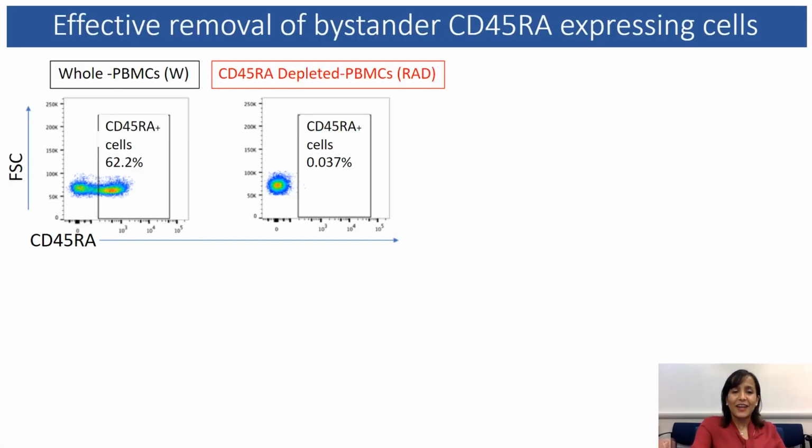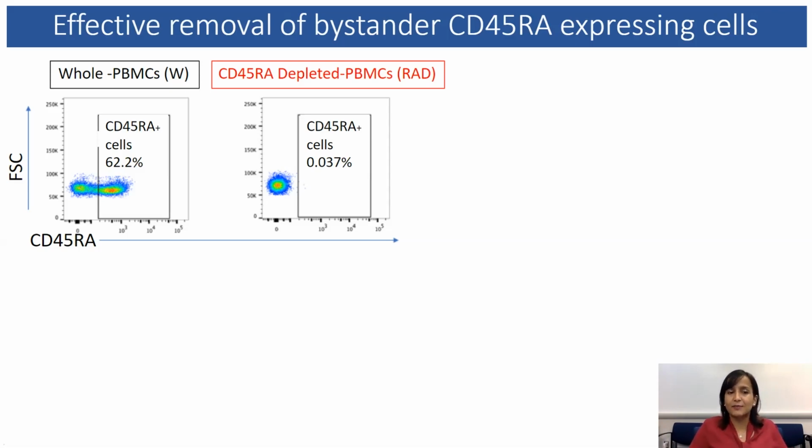So now that we know the system and we started doing this, first we wanted to know how effective utilizing these CD45RA microbeads is in removing CD45RA expressing cells. As you can notice here, for this donor, we had about 62% CD45RA positive cells in whole PBMCs.